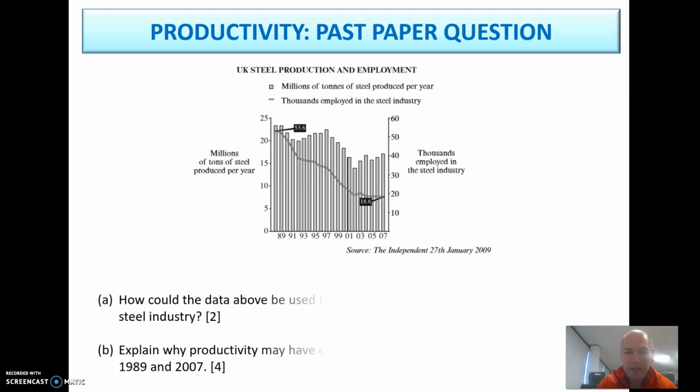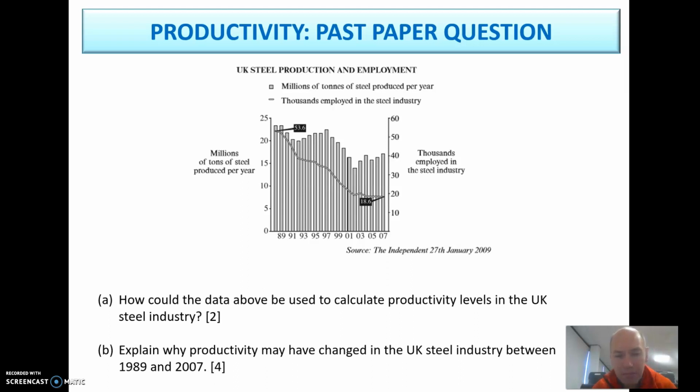Quick question for you guys. It's not going to take you more than 5 minutes. I don't want a lot of time spent on this, but you have this activity. You can see millions of tons of steel produced per year, which is in the bold bars of the diagram. I think we had a go at this question before, so this is a recap really. You have the line coming down, thousands of people employed in the steel industry.